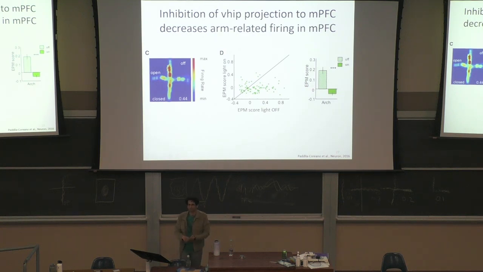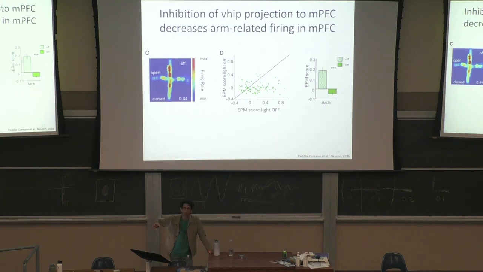Yes, it is. That's the reason why I did this study. Before we did it, there were three known pieces of information: if you lesion the prefrontal cortex, mice go more into the open arms. If you lesion the ventral hippocampus, they go more into the open arms. So both regions are functionally creating the same behavior. And there is also a projection from ventral hippocampus to prefrontal cortex.